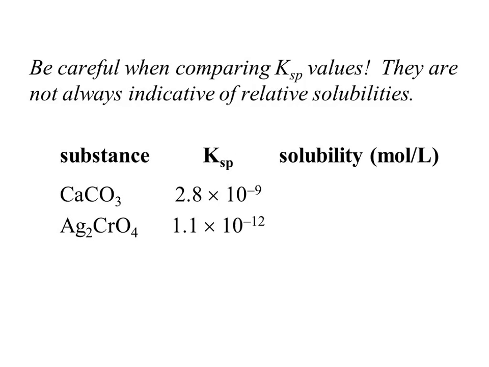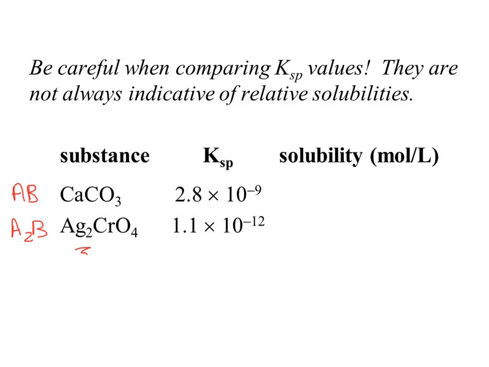This is to take a look at why the Ksp, which indicates solubility, doesn't always jibe with relative solubilities. It has to do with how many particles it breaks into. Here we have what we call AB, where you have one cation and one anion, like calcium carbonate, and this other one is an A2B, where you have 2 cations and 1 anion.